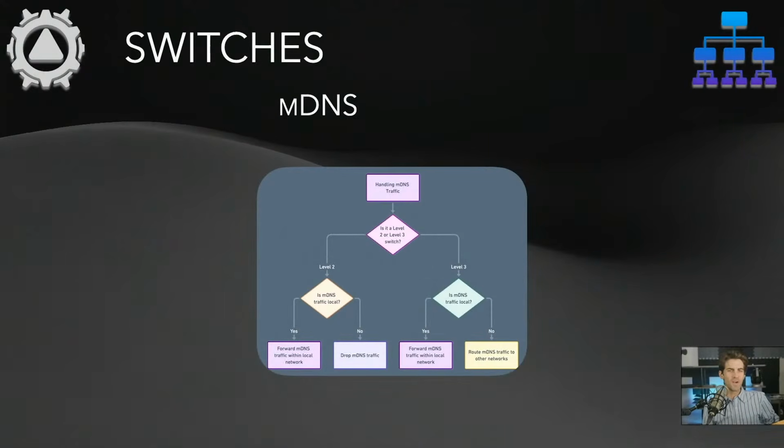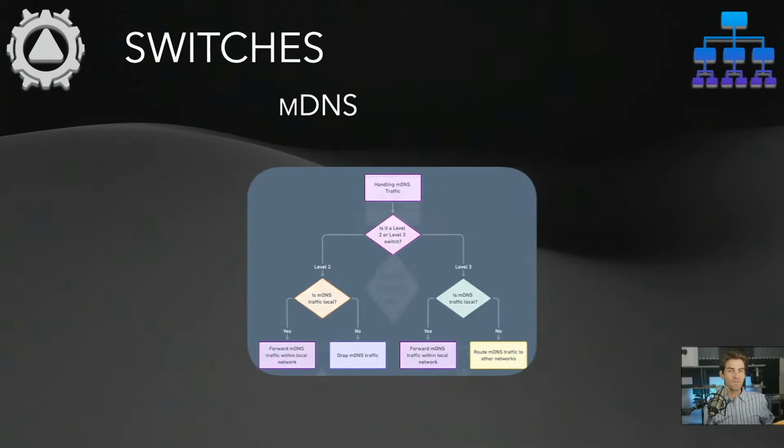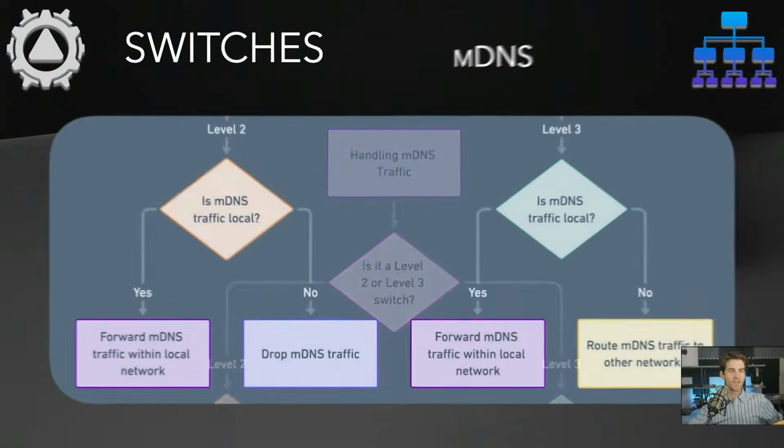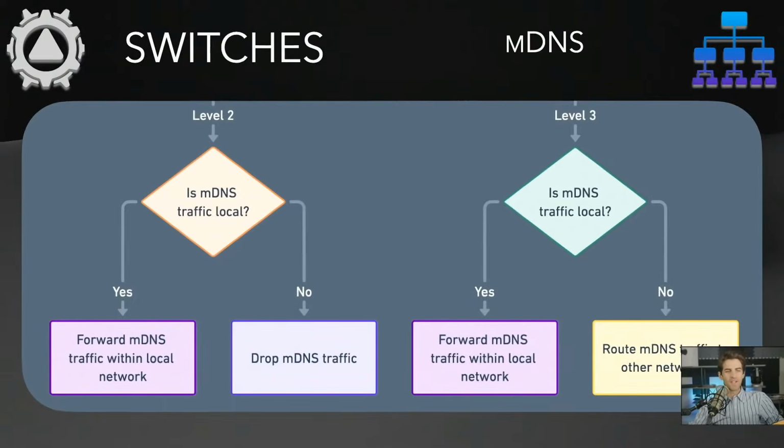Here's the flow chart that I'm going to go down, layer 2 or layer 3 switch, and forget the rest of that because I'm going to zoom it in. Layer 2 is on the left, layer 3 is on the right. Let's say mDNS traffic, if it's local on a layer 2 switch, it's going to get dropped, just completely dropped.